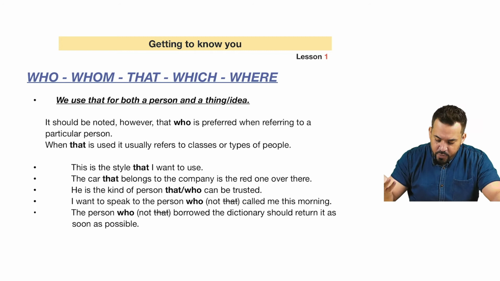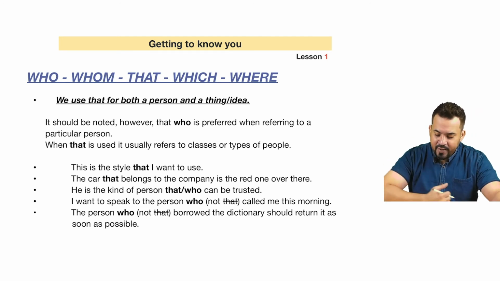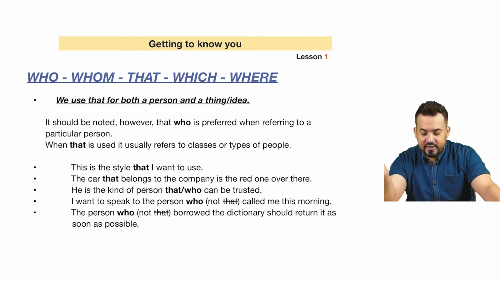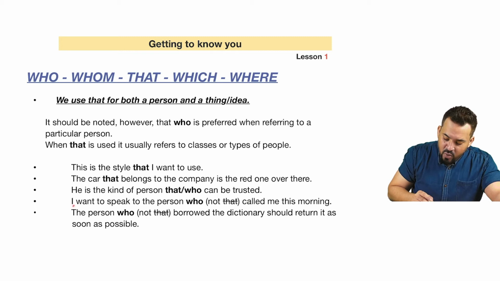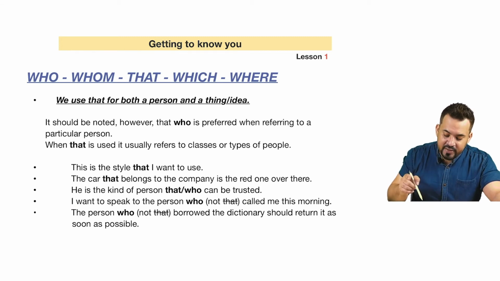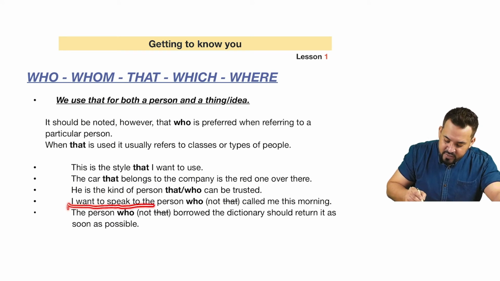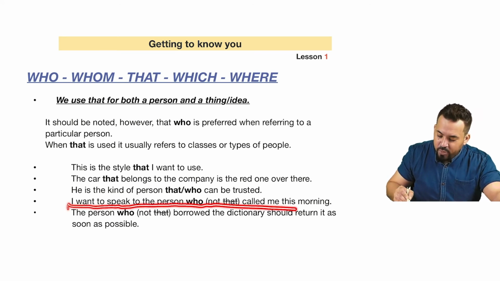He is the kind of person that or who can be trusted. He is the kind of person who can be trusted, or he is the kind of person that can be trusted. Now, in the following case, we cannot use that. All right, let's see why. I want to speak to the person who called me this morning.